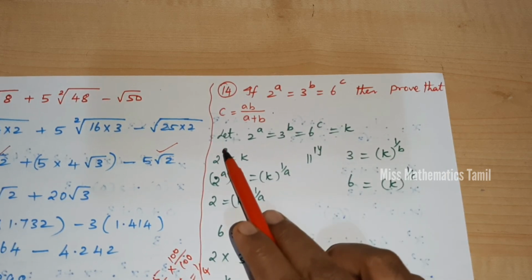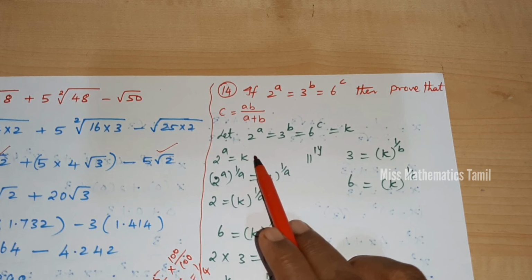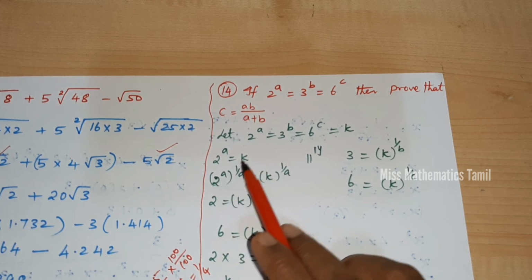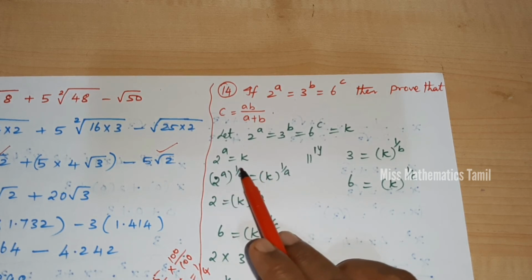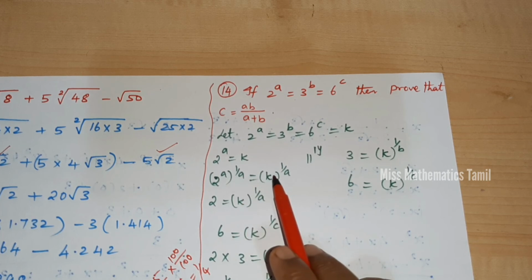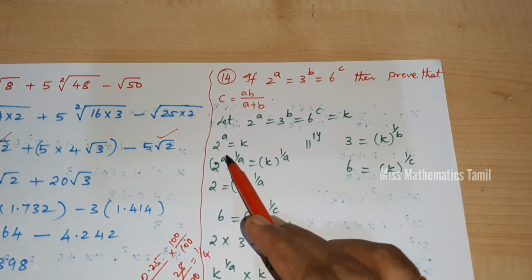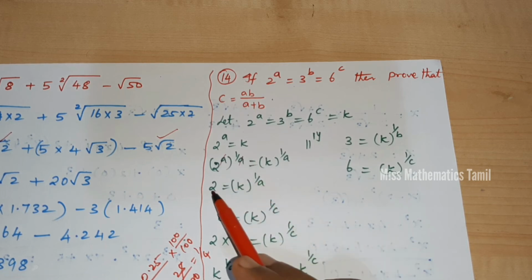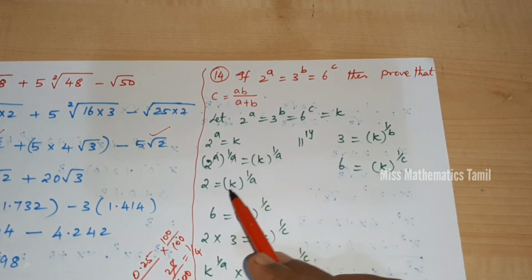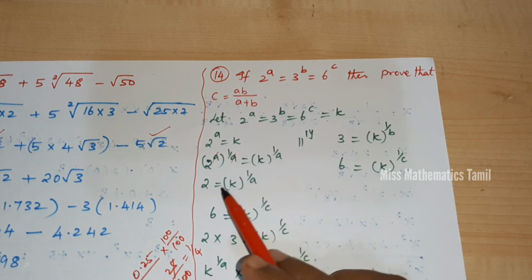So 2 to the power of a is equal to k. So both sides I am raising the power 1 by a, because I want the 2 value. So see here, a and a cancel, only 2 is there. Here k to the power of 1 by a.